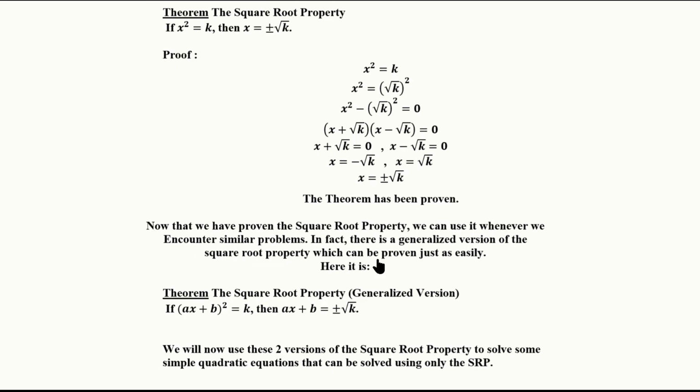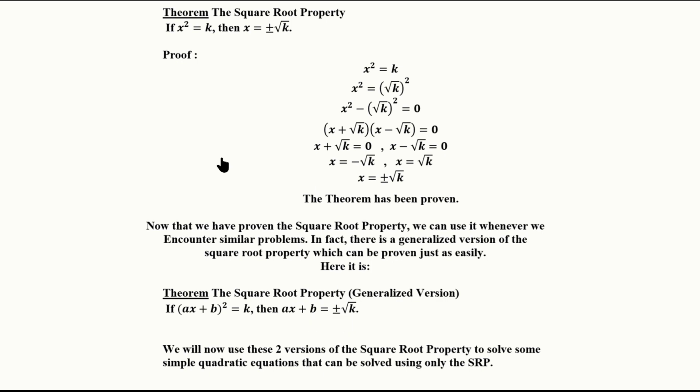We also have a more general version of the square root property, where instead of the expression being squared just being x, it can be a linear combination of x, such as ax plus b squared equals k. In that case, we can go through an exactly similar type of proof and end up with the fact that ax plus b must be positive or negative square root of k.